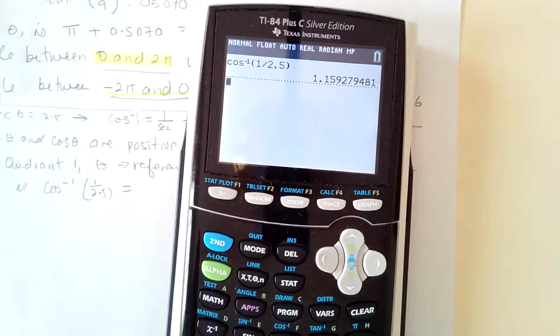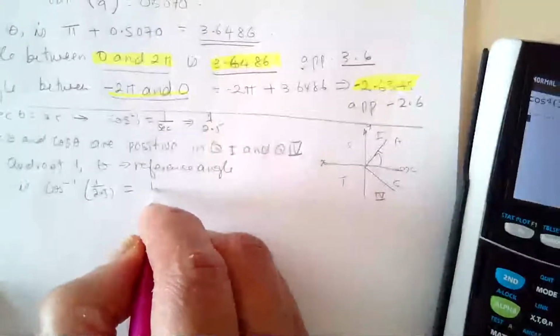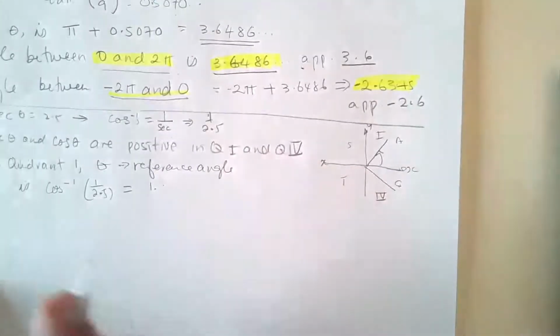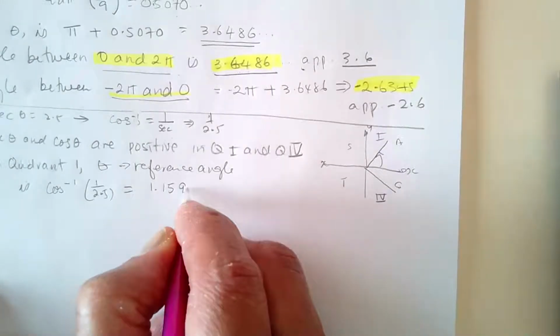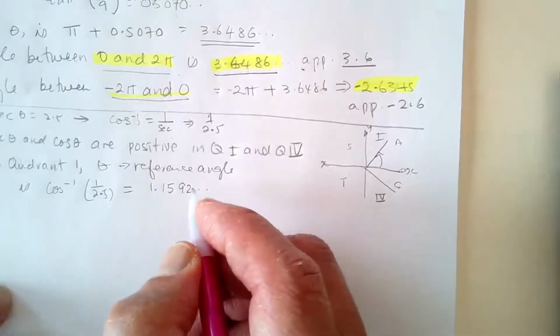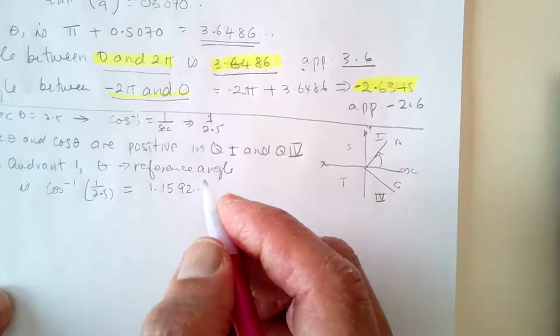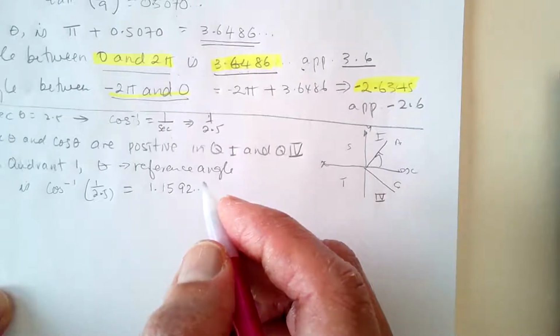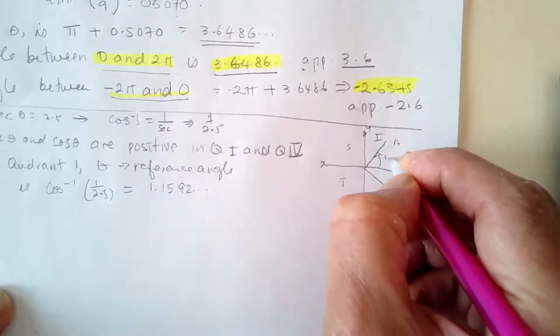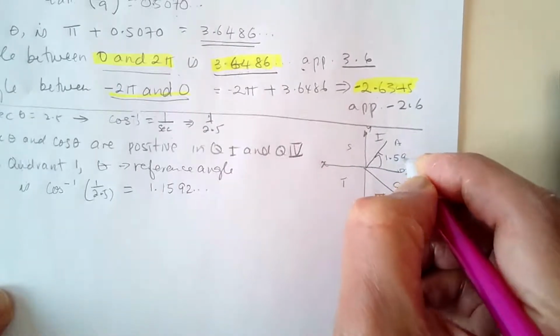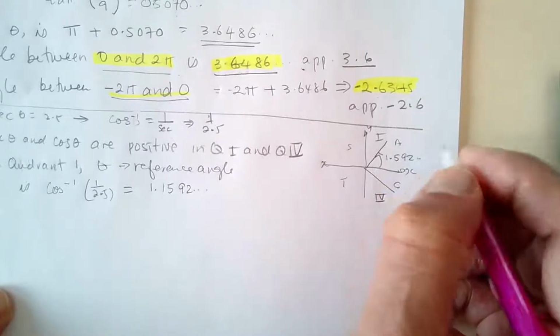And that will give us 1.159, which is 1.1592, and it goes on and on. So now this is 1.592.